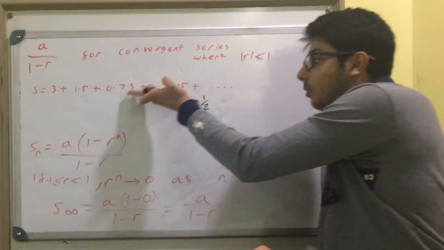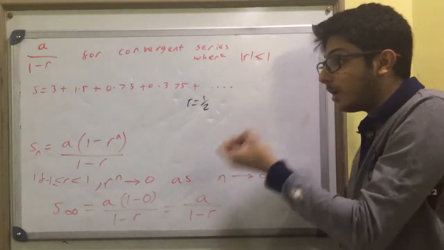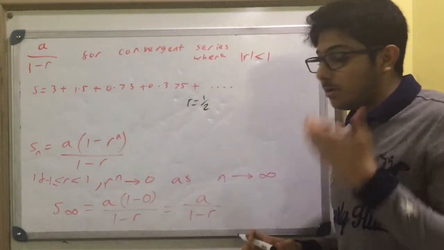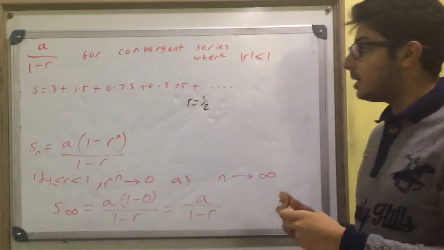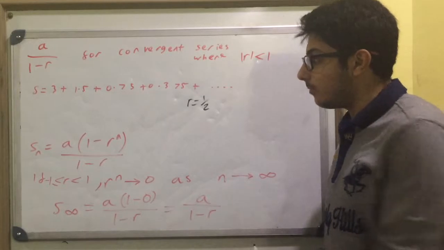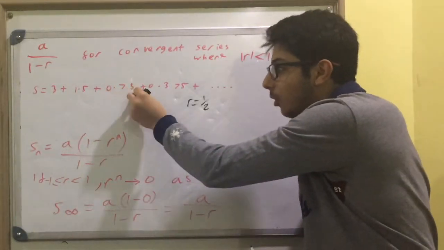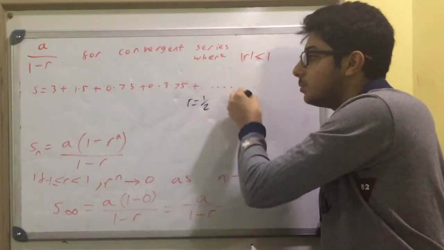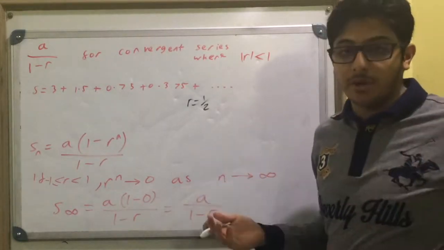The further we go on, so the higher the value of n, the position in the series, the smaller the value we're adding on to find the term. So the value we're adding on gets smaller and smaller until it becomes basically nothing.